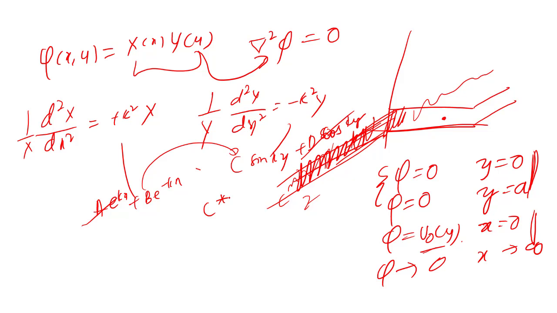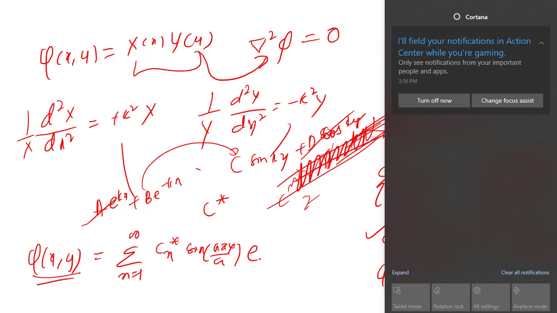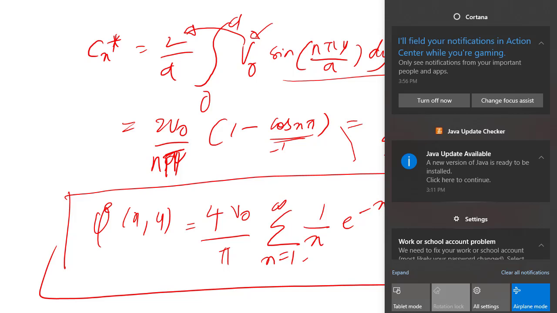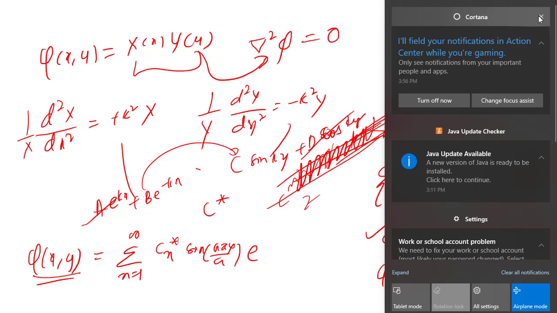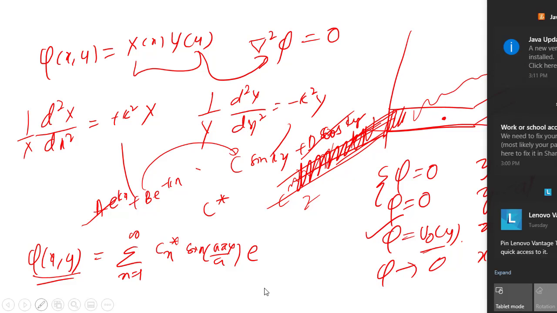To satisfy the third boundary condition, we used a Fourier series, and from there we ultimately obtained this solution for phi of x y as the sum from n equals 1 to infinity of Cn star sine n pi y by a times e to the power minus n pi x by a. So this is in general the solution that we derived.